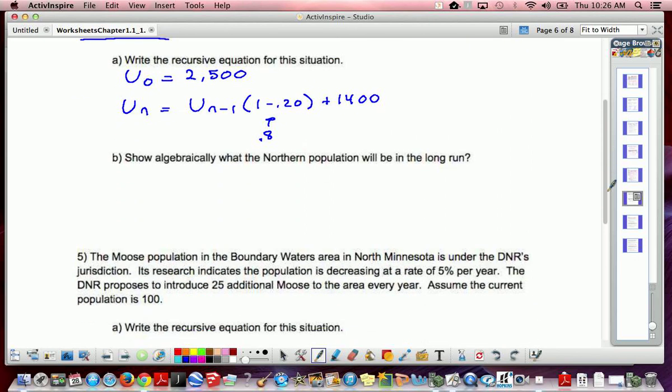We want to figure out the population long run. So to show the long run value, again, we take, in this particular case, the adding amount and divide it by the percentage of decrease.